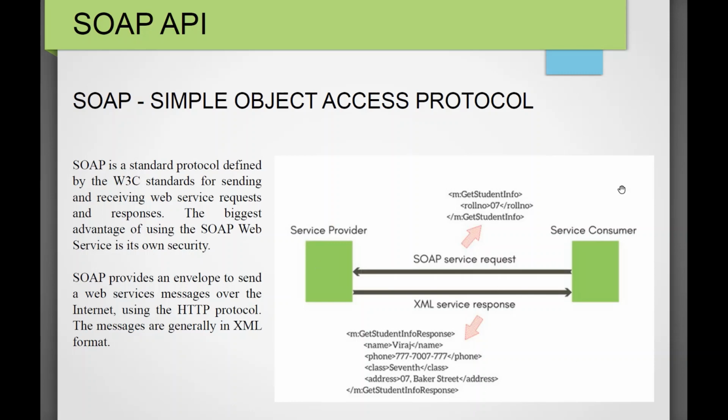In this example, you can see that I want to get information about a student whose roll number is 7. Here you can see the request sent in the form of an envelope and the output in the form of an XML service response.